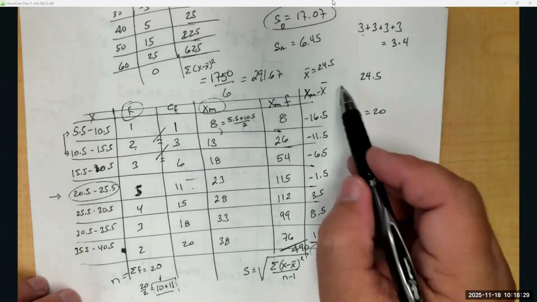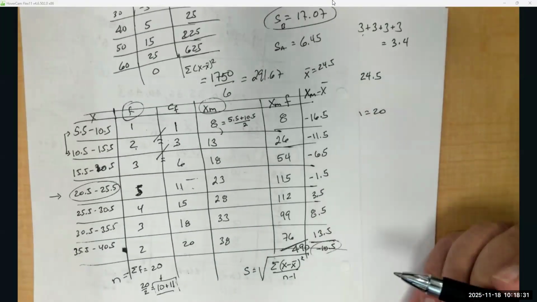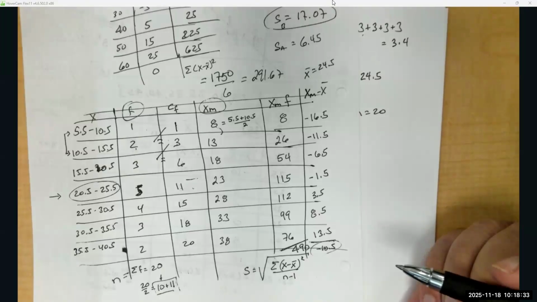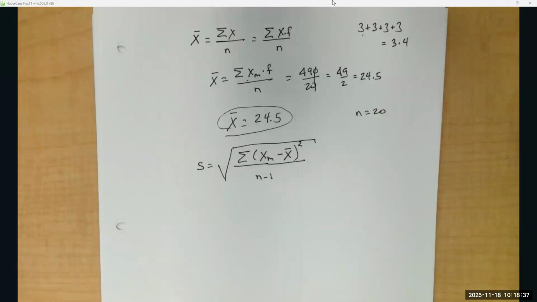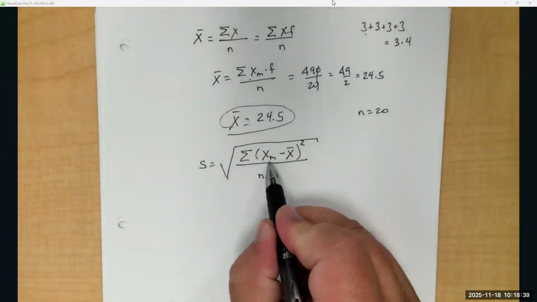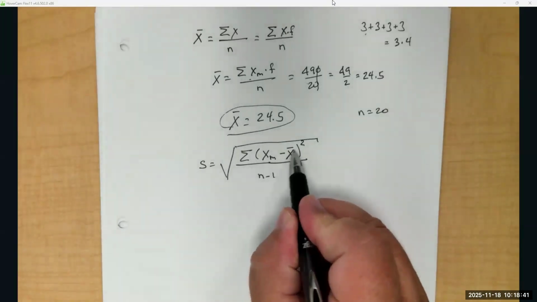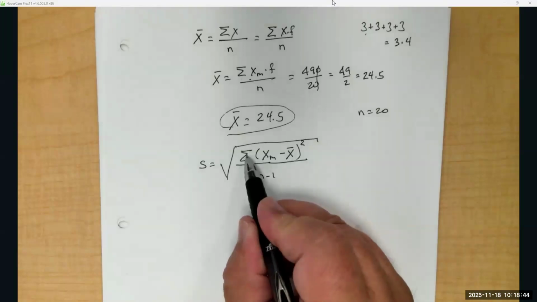So now what do we do with this column? We have to square it. Because remember, the formula is x sub m minus x bar squared, then you add up all those.